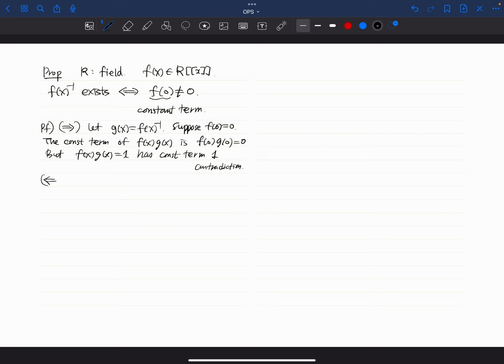Okay, so the other direction. If the constant term is non-zero, we can just construct the inverse.